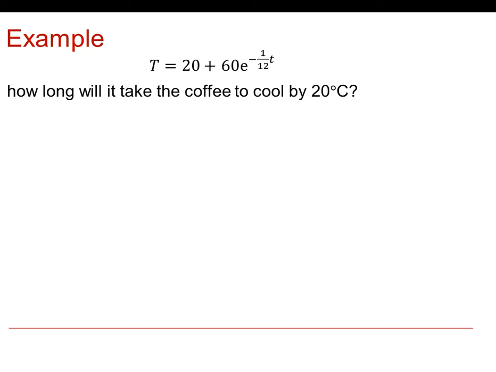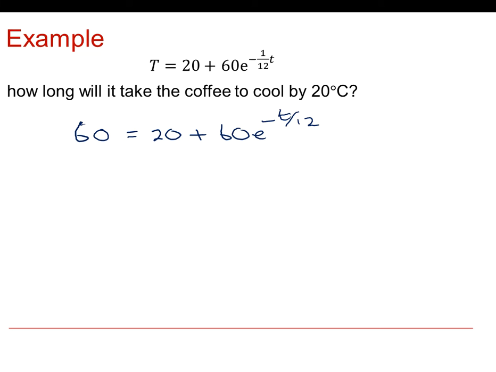So now we can finally answer the question of how long it will take the coffee to cool by 20 degrees C. So if T was initially 80 and it's cooled by 20, it will now be 60. So substituting that in, we can solve for t.